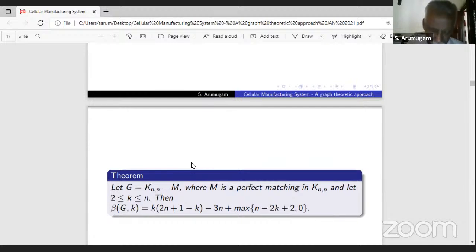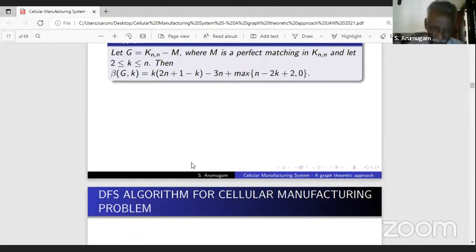It's a beautiful parameter in graph theory. You can write good research papers on this parameter, and no one will ask you what is the motivation for the parameter. Because you can immediately say the motivation, the necessity comes from the cellular manufacturing problem, where a big manufacturing industry wants such a breaking of the graph.